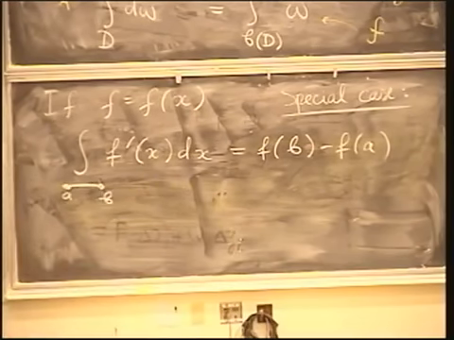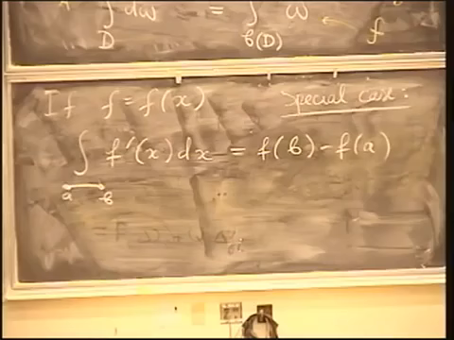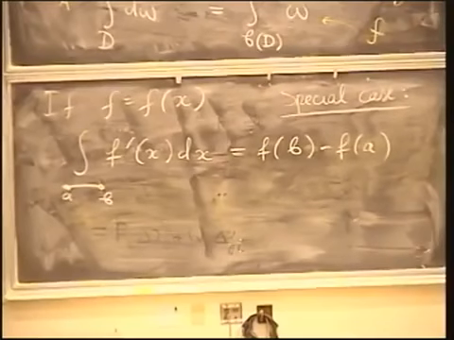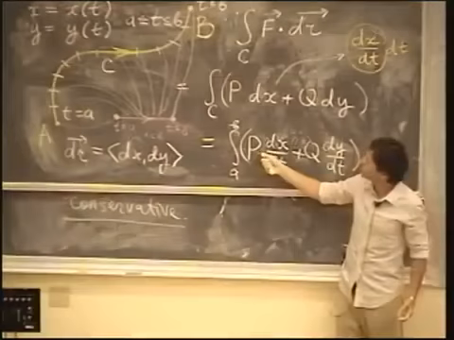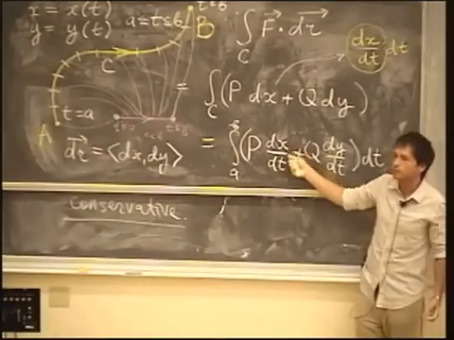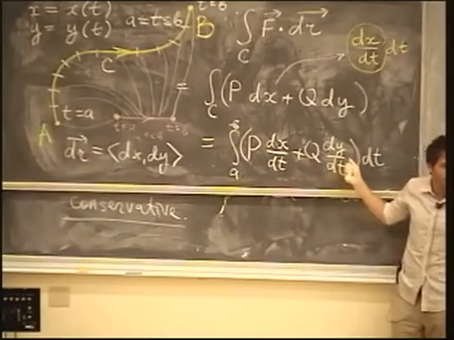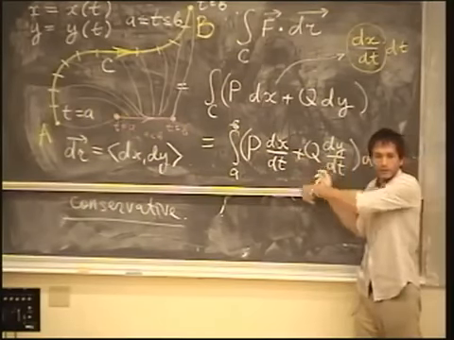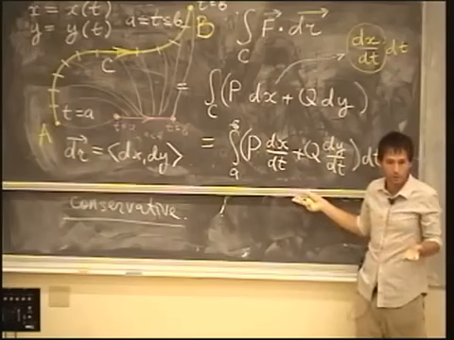And it was a painstaking process because I had to, first of all, parameterize my curve, then express my vector field in terms of this parameterization, then take the derivatives of x and y, put all of this together, and then finally integrate. So it's a lot of work.